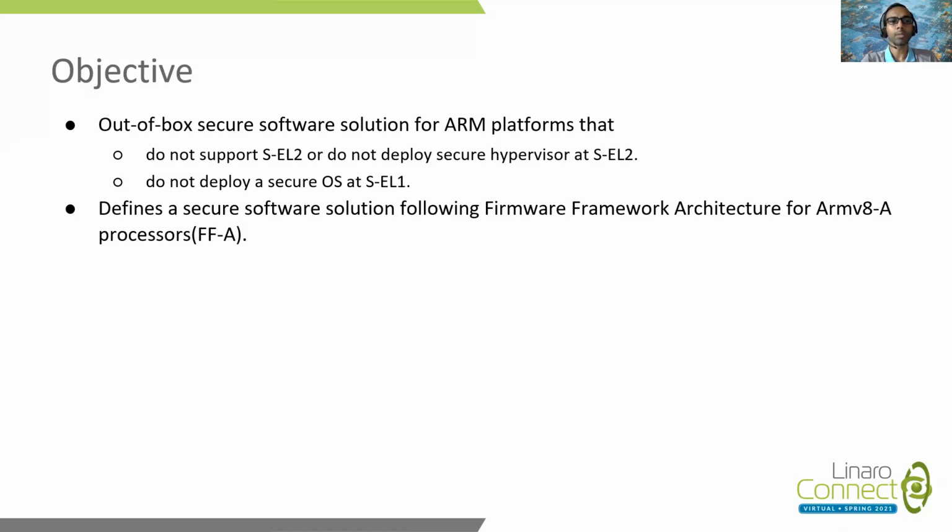Also, the platforms that do not deploy a secure OS at Secure EL1. Overall objective is to have a secure software solution following firmware framework architecture for ARM v8 platforms.